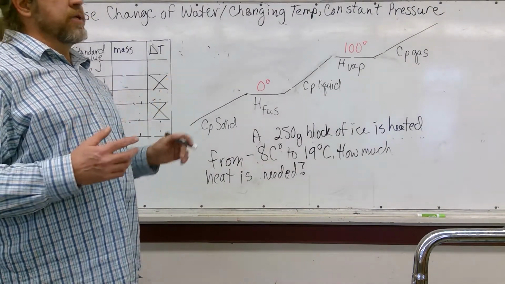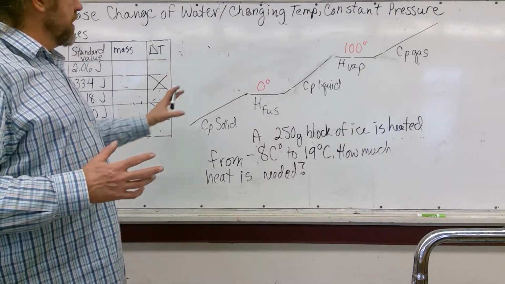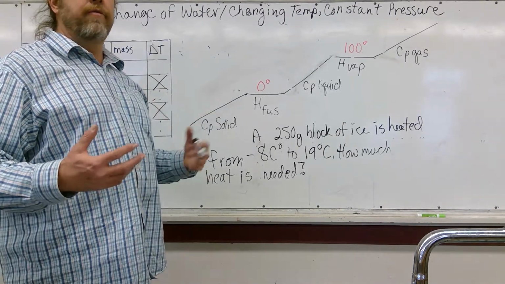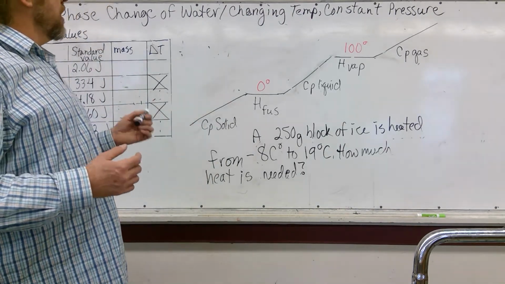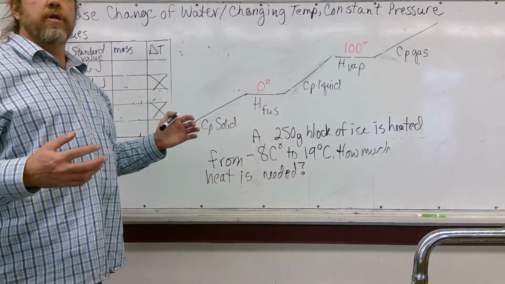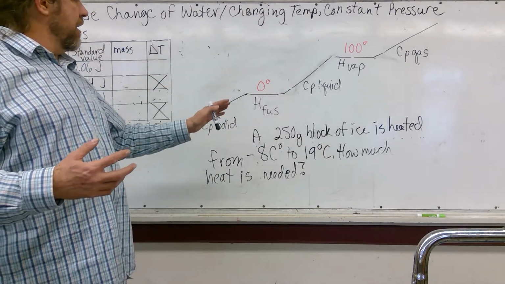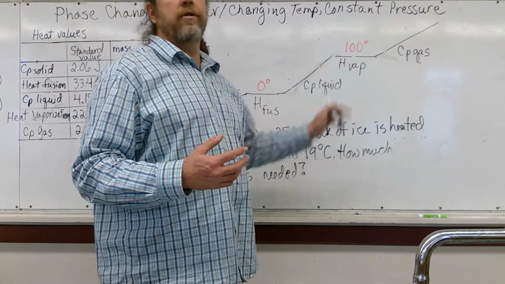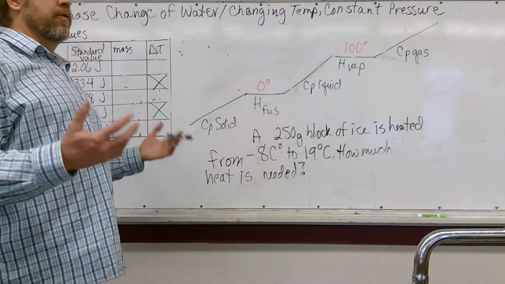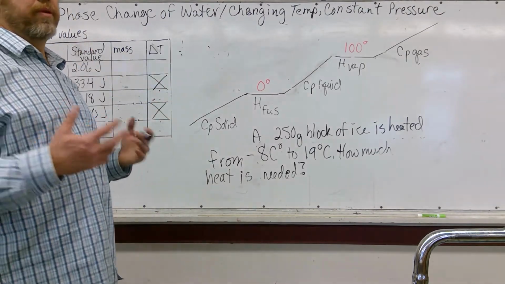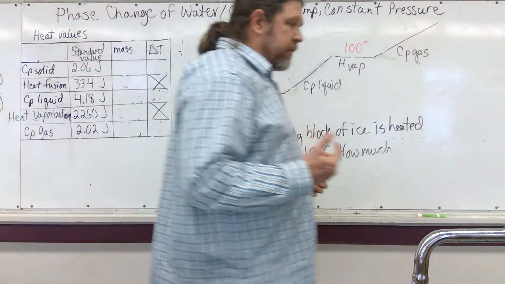What we're looking at today is a commonly used image known as a phase line or phase chart that shows how a substance can move across states, and at what points changes of state are happening. The one that gets studied the most, of course, is water, and that's what we'll be looking at today.